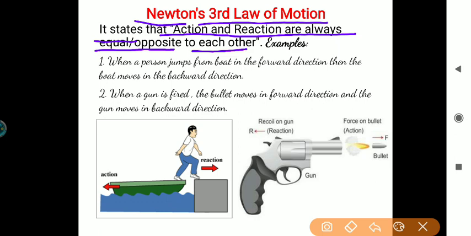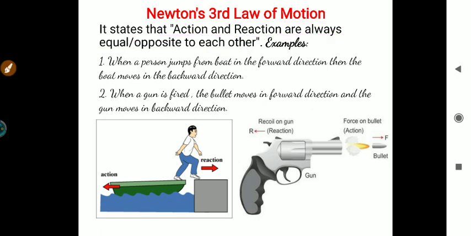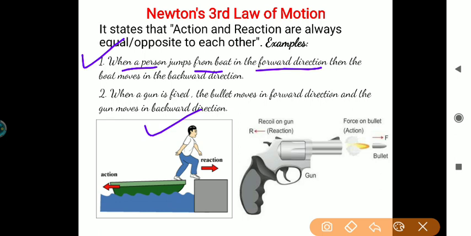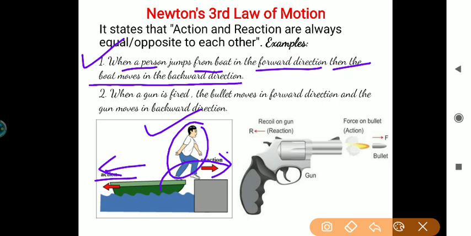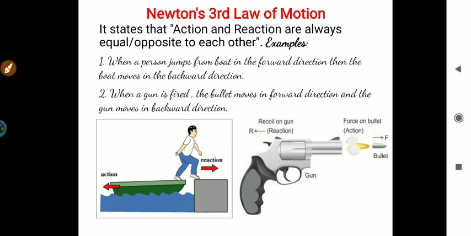For example, when a person jumps from a boat in the forward direction, the boat moves in the backward direction. That means the person applied force in the backward direction, that is the action, and due to the reaction he moves in the forward direction.